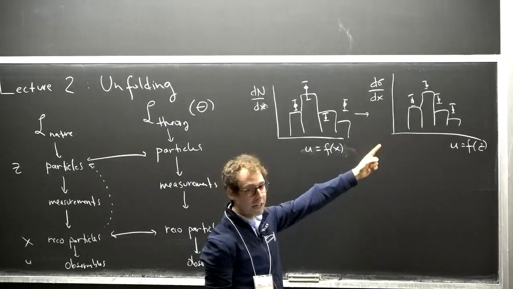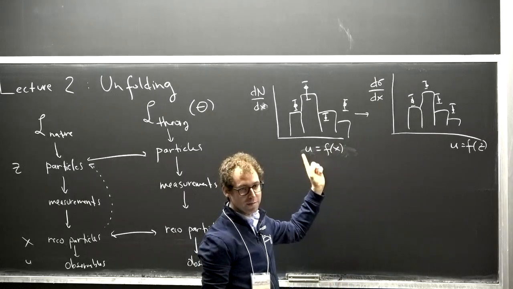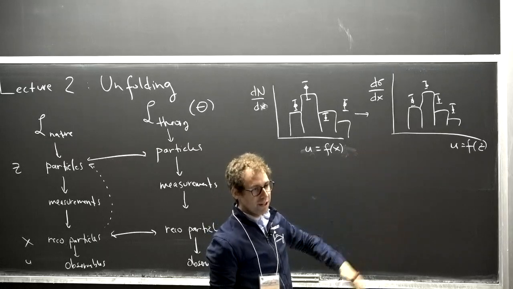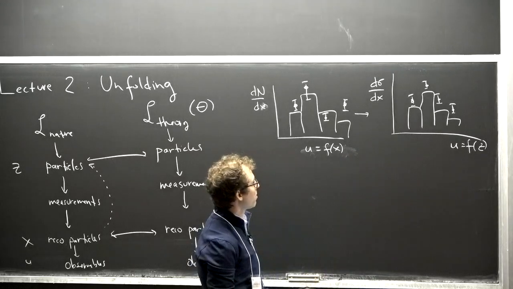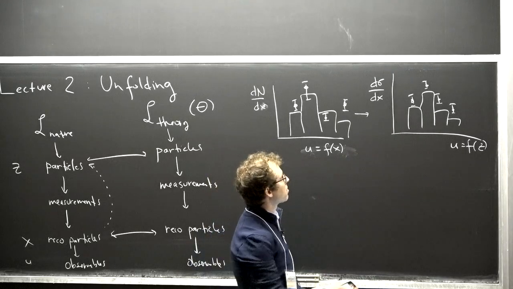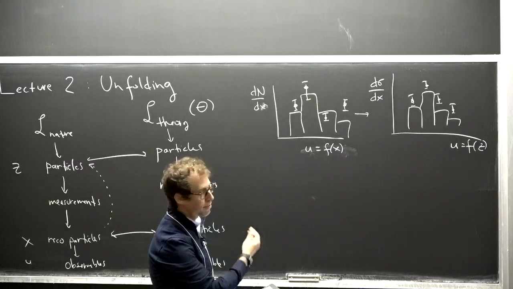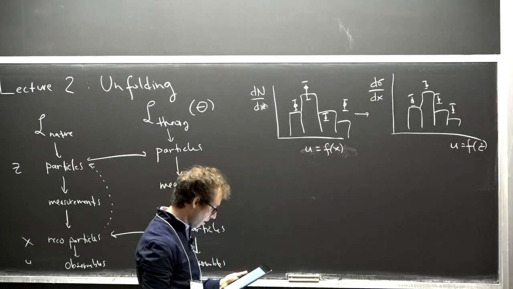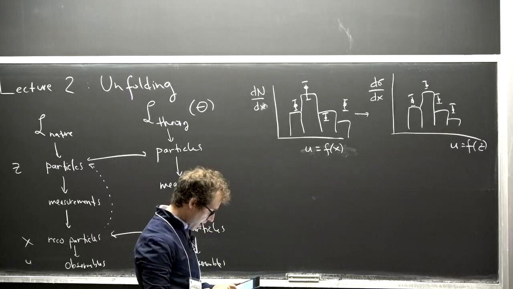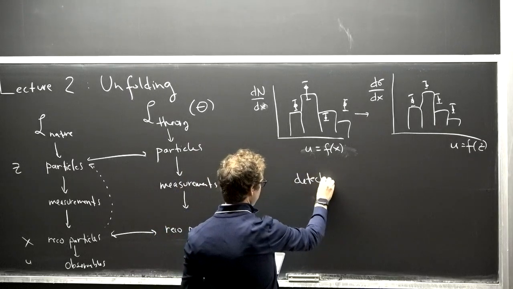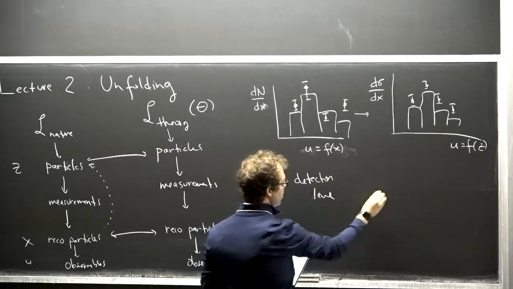In principle, this can be calculated. This cannot be calculated because it requires a detector simulation. This you can calculate in principle using your favorite calculation methods, and it has the right units, say barns per whatever x is. This is detector level. That's particle level.